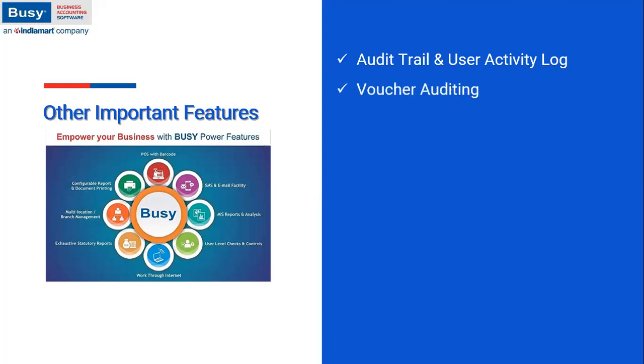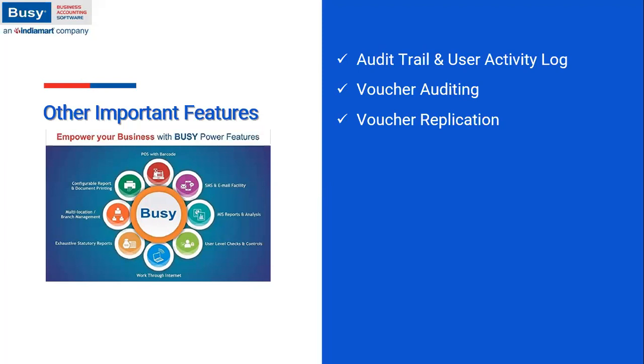Next is voucher auditing. Voucher auditing facility is also available. You can audit the vouchers one by one. Voucher replication facility is available, meaning if you want to duplicate a transaction, you can create it through replication. Suppose let me give an example: an accounting transaction like office rent.